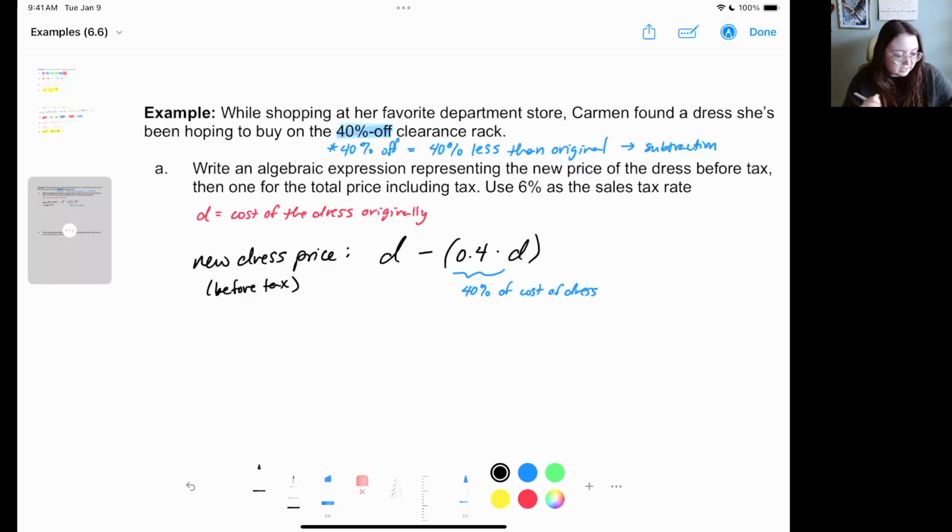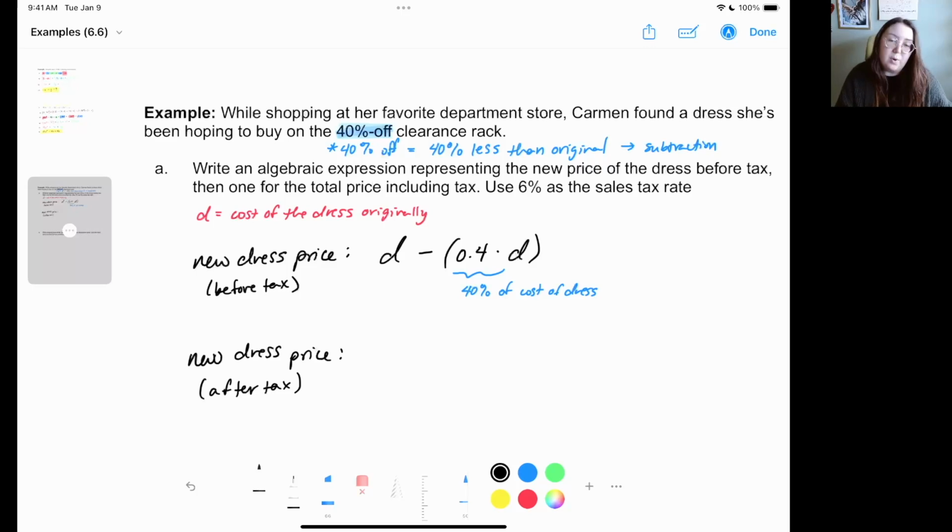So now we need to calculate the new price after tax. So we have new dress price after tax.